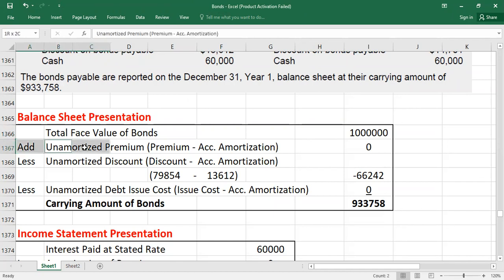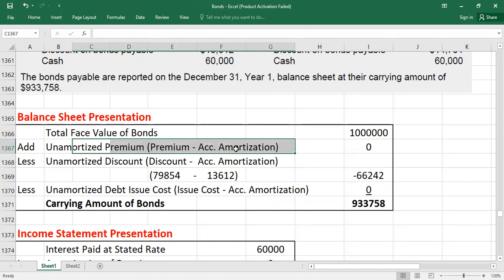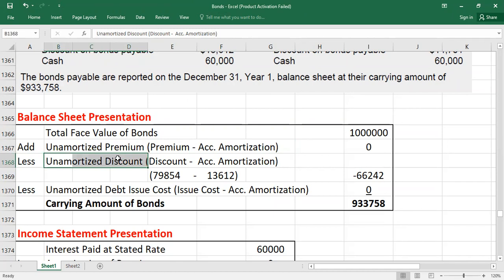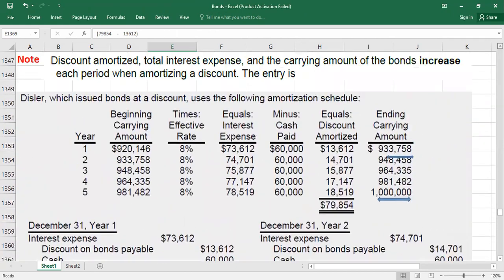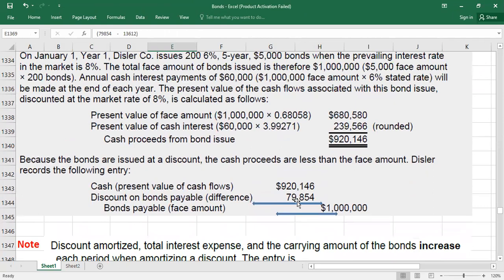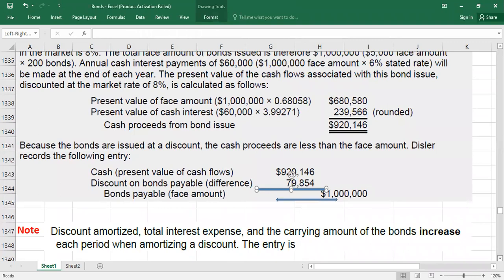Add unamortized premium, which we are not going to discuss today, because we have already covered it in the previous video. Less unamortized discount. How will you calculate the amount of unamortized discount? You need the value of the discount, which was 79,854. You can just confirm in the initial recognition entry. There is the discount value of 79,854. This is the value of the discount.